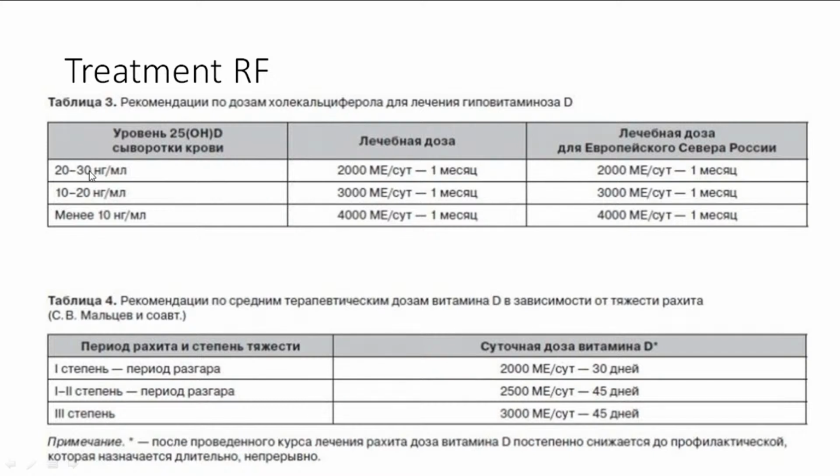At a level of 20-33 nanograms per milliliter, the treatment dose is 2000 international units per day for a month; at 10-20, 3000 international units; and at less than 10 nanograms per milliliter, 4000 international units. One month after that we repeat the laboratory test and check the level of 25-hydroxyvitamin D.